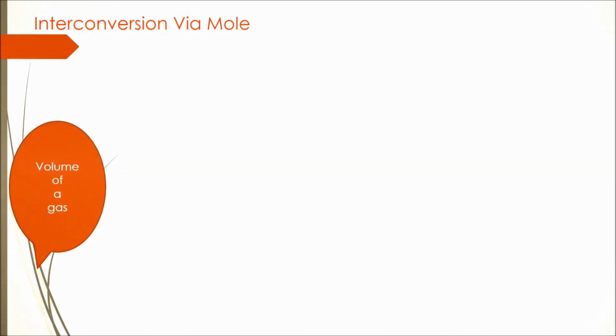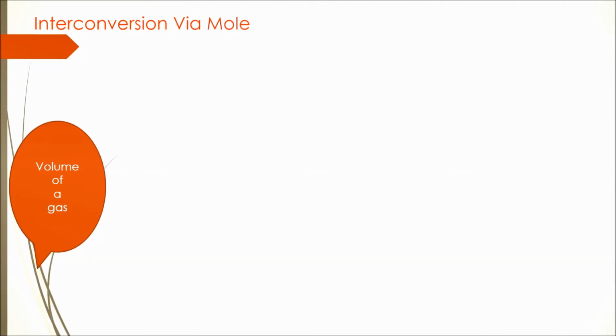Now interconversion. This means when you have an amount of a substance and you want to convert this amount into another unit, and this is possible via mole. In our previous step we saw when you have mole, we can easily convert this into mass or volume or number.